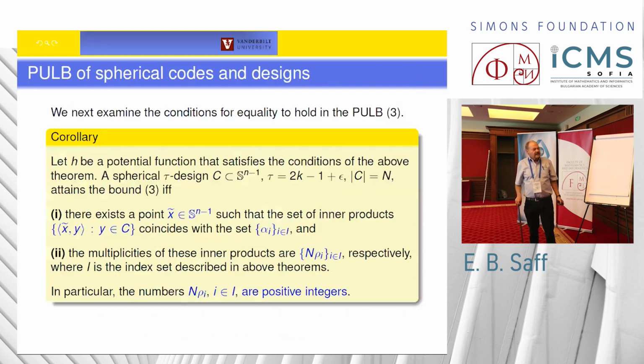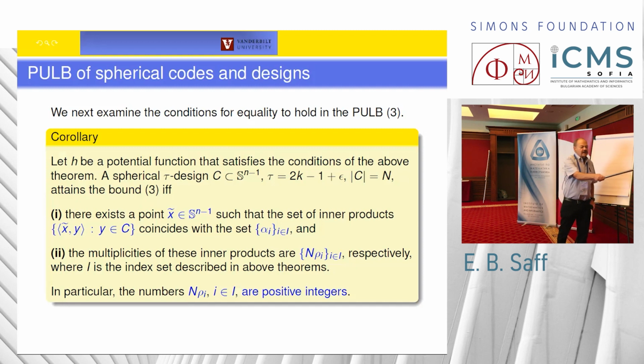All right. So there's also the issue about when equality holds, and does equality hold for some of our favorite designs? That's the other issue. When does equality hold? Well, if and only if in our lower bound, you can find this point x tilde such that the collection of inner products of x tilde with the points of our code coincides precisely with our node set for quadrature, the alpha i's.